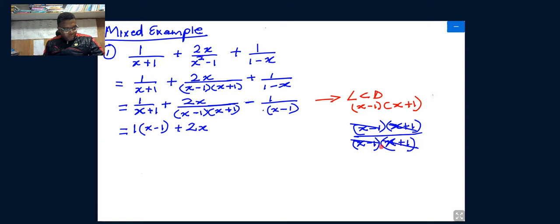Remember, here when we divided on the first term, we had x minus 1 minus, we take this term x minus 1 into x plus 1, we divide by x minus 1. So x minus 1 divided by x minus 1, we will be left with x plus 1.